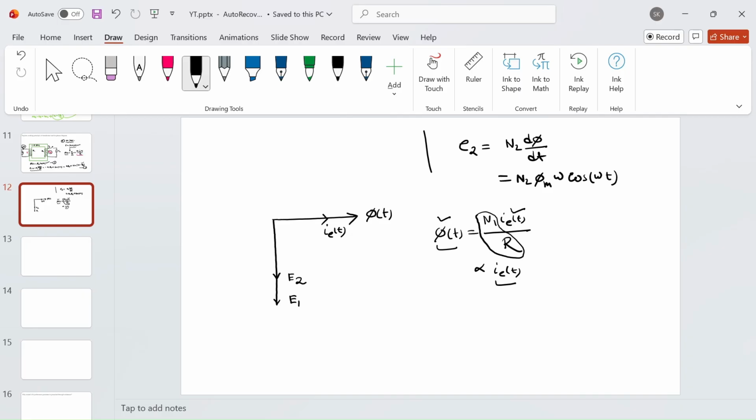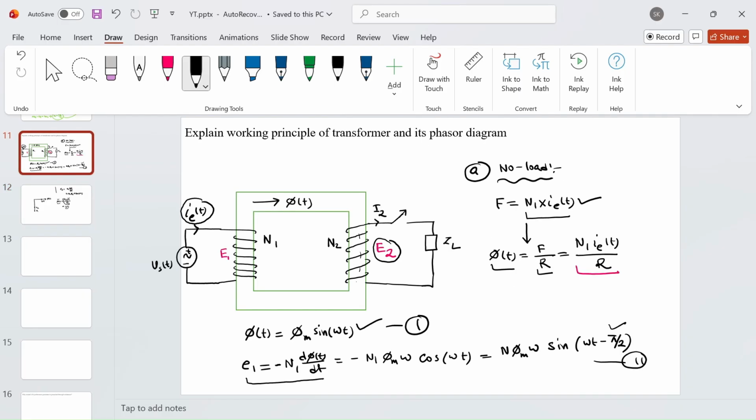Okay. And one more thing here: if you look at the primary circuit, your Vs and E1 are of opposite polarity and nature, and I have considered that effect here with the minus sign.